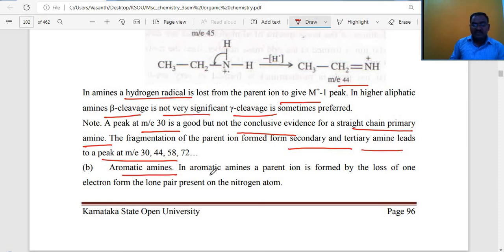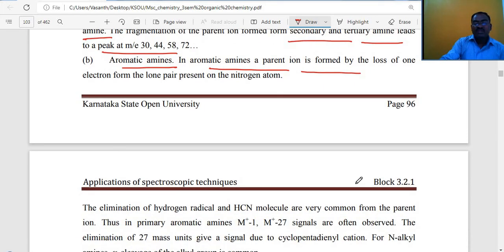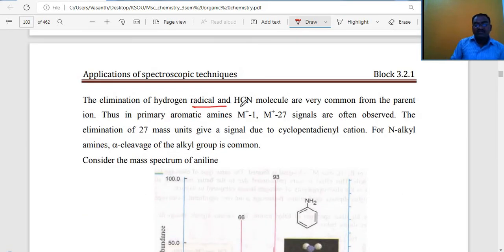In aromatic amines, a parent ion is formed by the loss of one electron from the lone pair present on the nitrogen atom. The elimination of a hydrogen radical and an HCN molecule are very common from the parent ion. Thus, in primary aromatic amines, M-1 and M-27 signals are often observed.